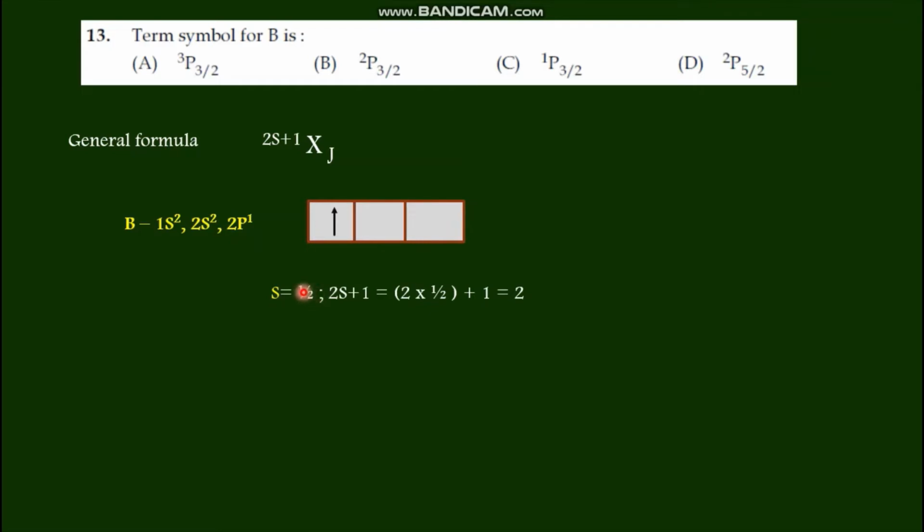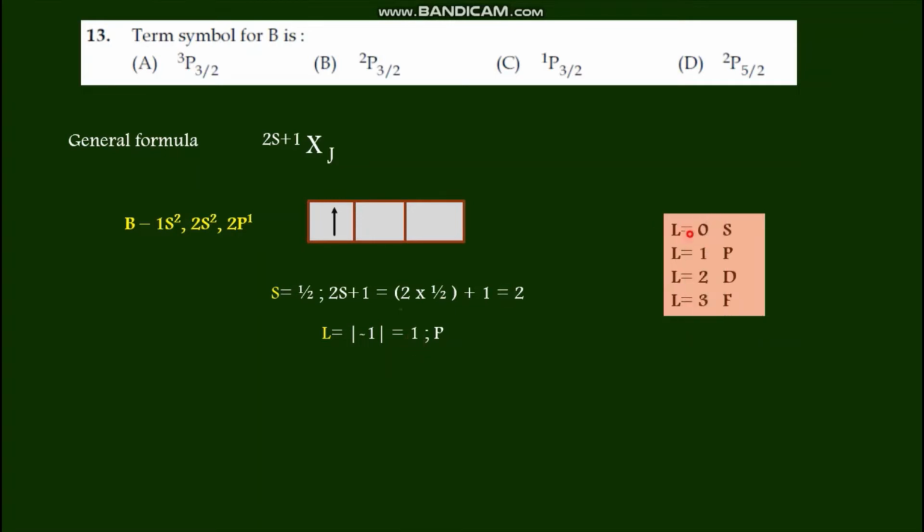Only one electron is there, so the spin is 1/2, and 2S+1 will be 2 into 1/2 plus 1, that is 2. The L value is -1, modulus of -1 is 1. If the L value is 0, that represents the S term. L equal to 1 means P, L equal to 2 means D, L equal to 3 means F.